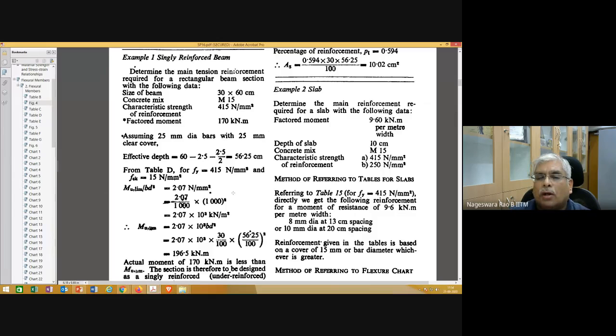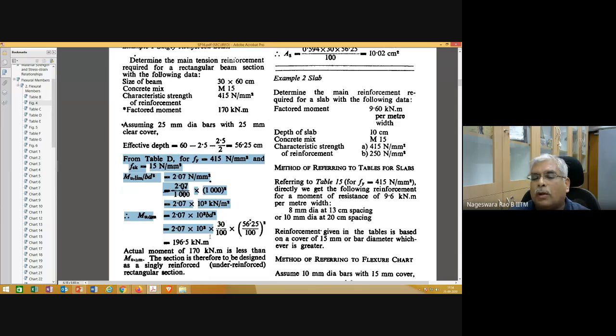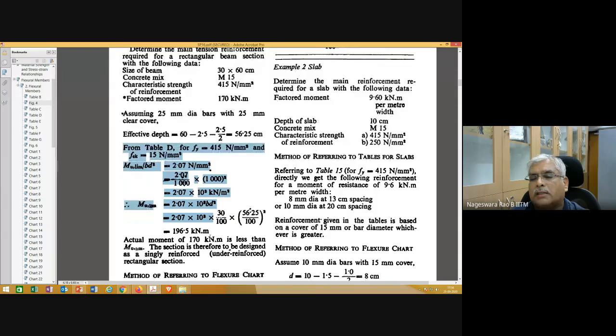This example is illustrating how to look at these tables and charts, and how to make use of them. What I suggest is you go through this, and please note that SP16 is for checking your designs.